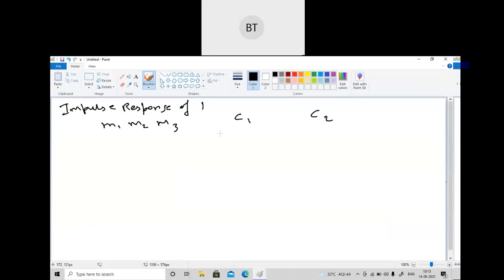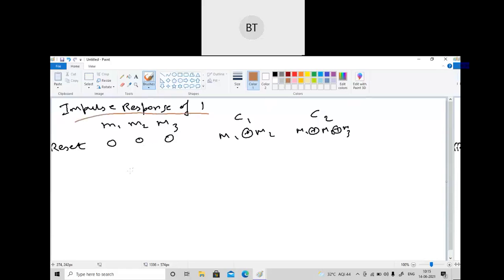C1 will be M1 XOR M2, and C2 will be M1 XOR M2 XOR M3. First we will write the reset state here, 0, 0, 0. Then we have to find the impulse response of 1.